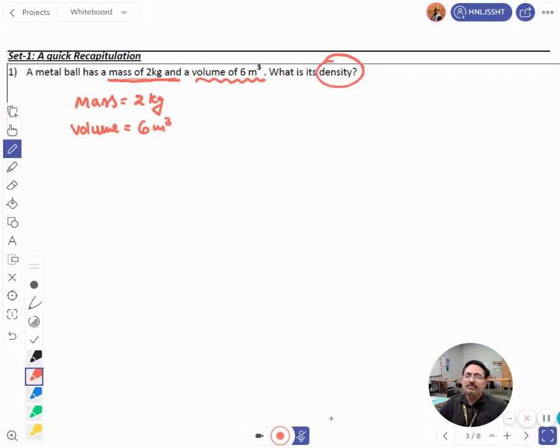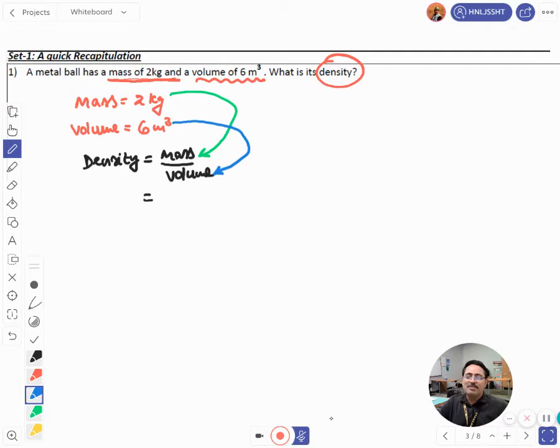What is the density? You know that density of material equals mass per volume. So you just plug in the mass and the volume, as simple as that. Mass is 2 kilograms and volume is 6 cubic meters.